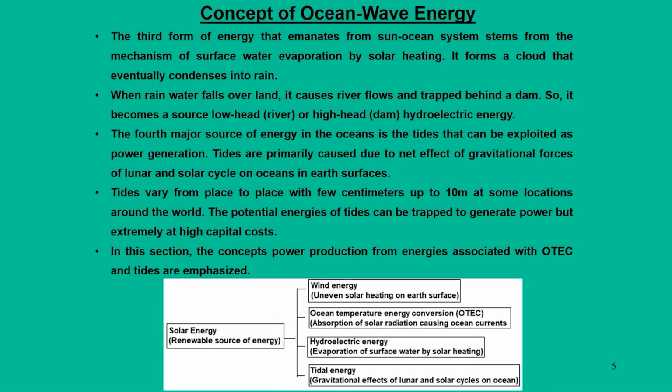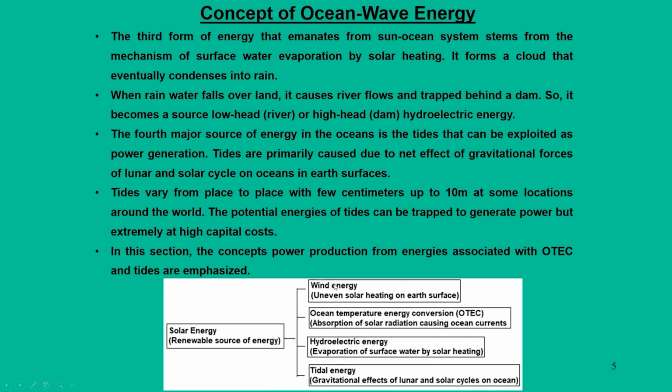Now, let us try to understand what these ocean waves are and where they come from. Typically, solar energy is the major source, a major chunk of energy, and it is available in plenty, and we call this a renewable form of energy. Now, under this single roof, we have multiple forms of passive energy available on our mother earth.